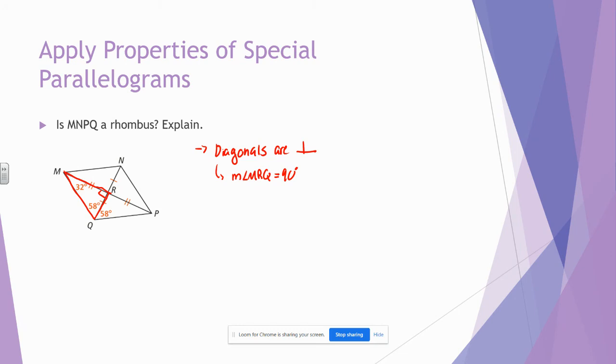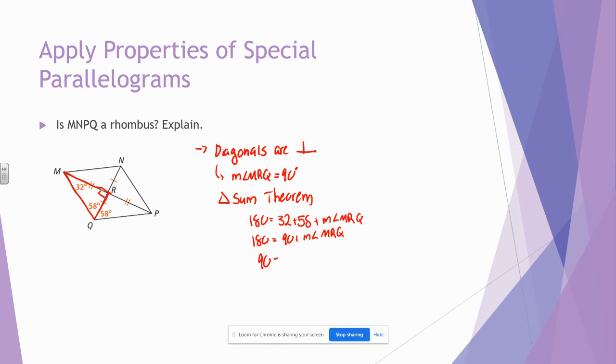MQR, or MRQ, whichever. The triangle sum theorem tells us that 180 is equal to 32 plus 58 plus the measure of angle MRQ. If we work through this, we will end up getting 180 is equal to 90 plus the measure of angle MRQ.